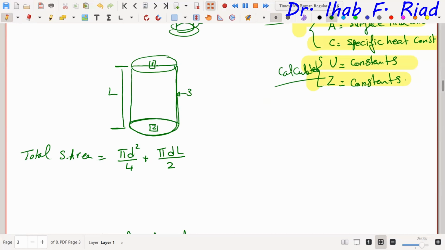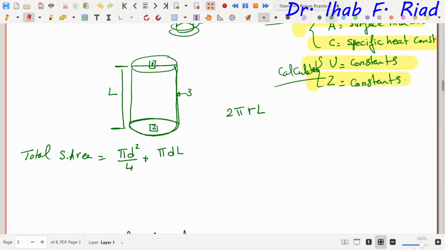Okay, good. The first one multiply by 2. Sorry, pi D squared over 4 multiplied by 2. This one is 2 pi R times L. Okay, it is pi D L. Sorry, we don't have a half here.